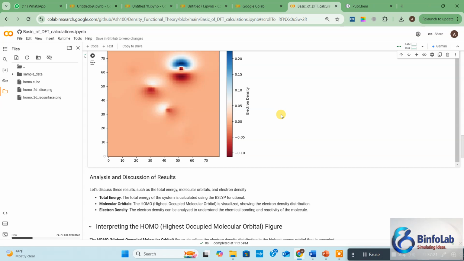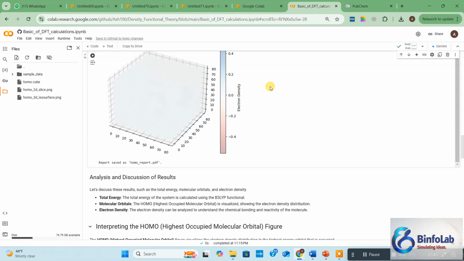You have to wait until you see a PDF report. Although it has generated this, the report is in progress, so we will wait. So far, okay, it's generated.